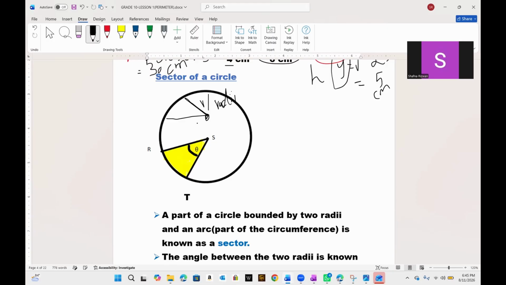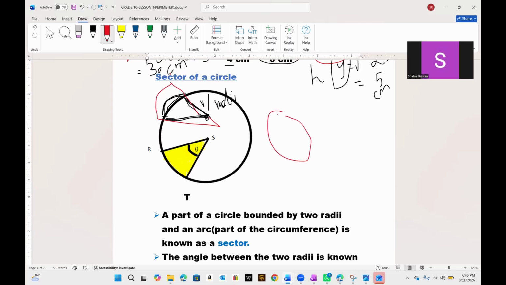When you have a part of the circle that is bounded by two radii like this, and an arc like this, you call this part a sector of a circle.